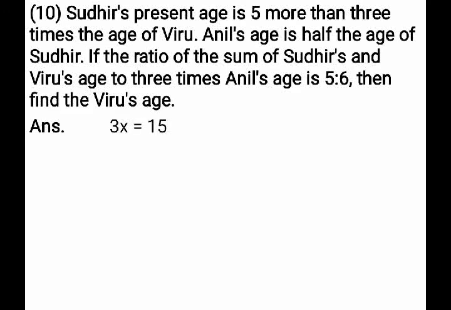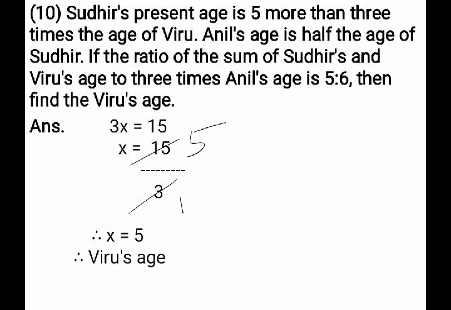Now you have to find the value of x by dividing 15 by 3, and that will be the age of Viru. x is equal to 15 upon 3. 3 1s are 3, 3 5s are 15. Therefore x is equal to 5. Therefore Viru's age is equal to 5 years.